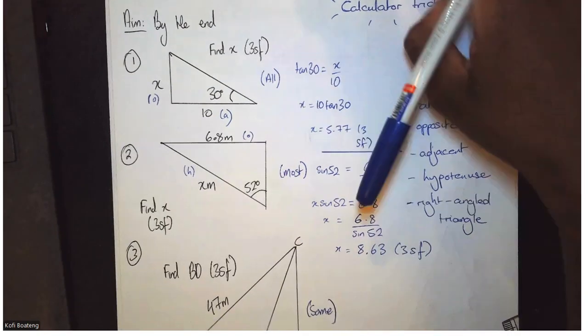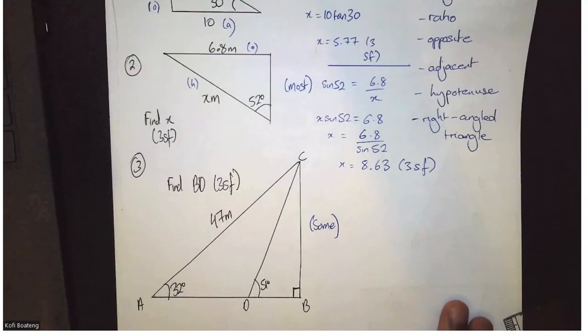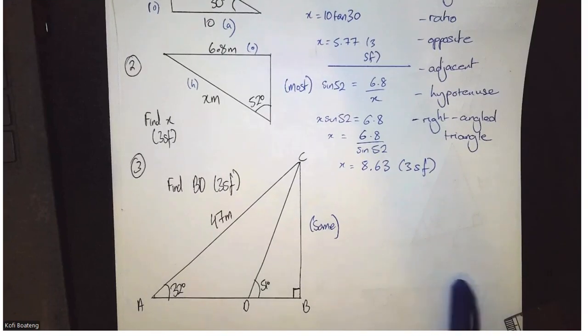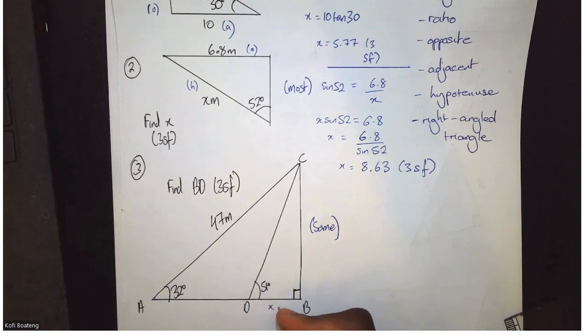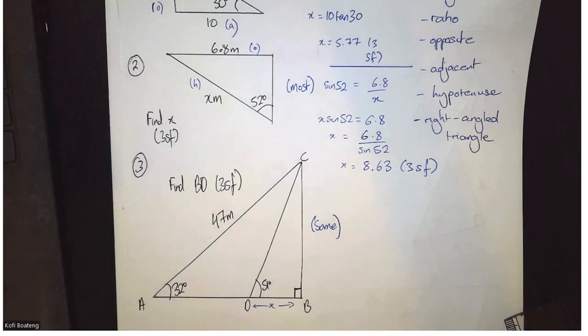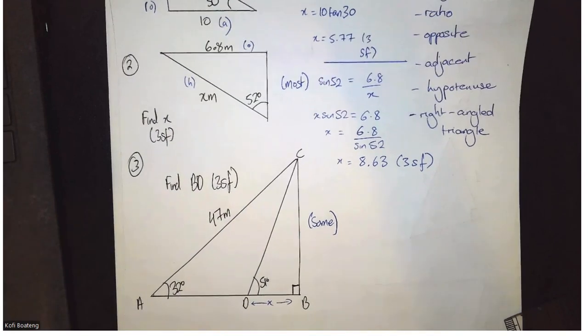And the last question here, if you want to pause and try this, please feel free. Okay, so we need to find BD. So this here is x, not of the full length A to B, just from D to B, or BD. We need to find that length here.